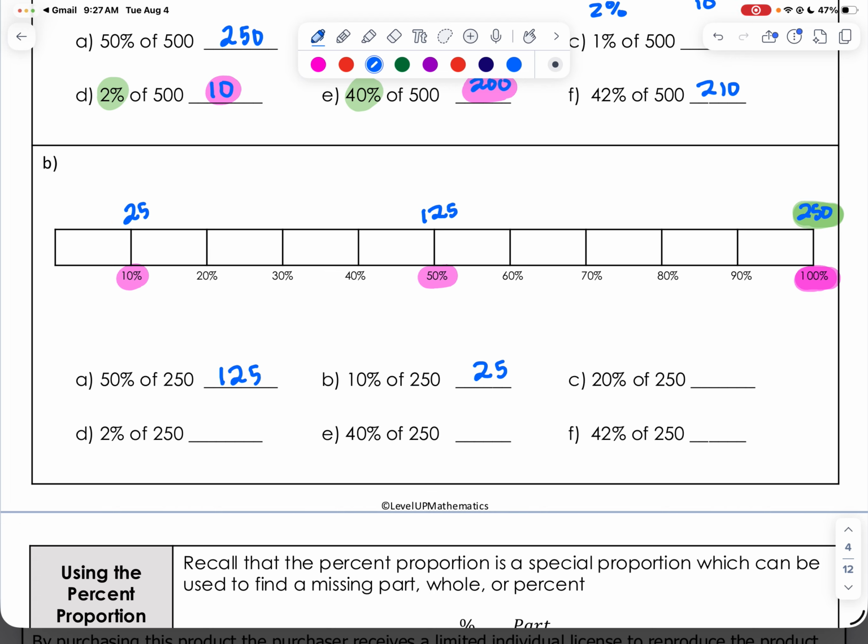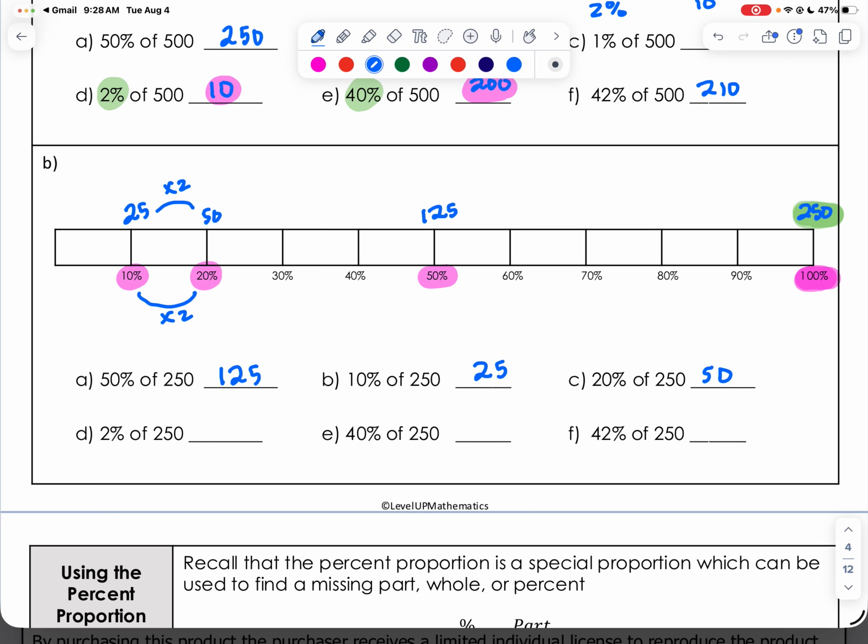So now they want 20%. So I'm just going to scale 10% because I could just multiply that by 2. So if I multiply the 10% by 2, I have to multiply the 25 by 2, and that would give me 50. So 20% of 250 is 50.